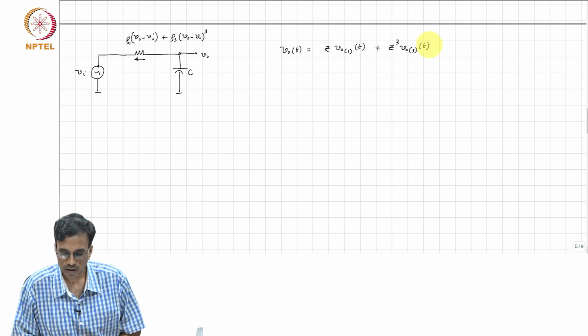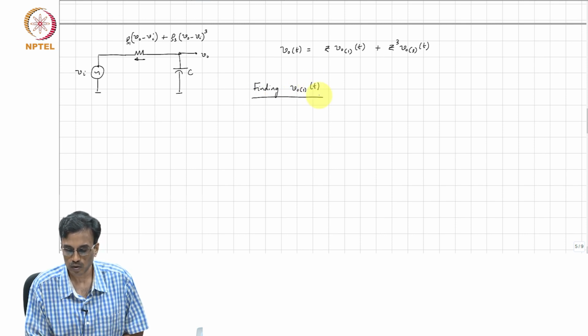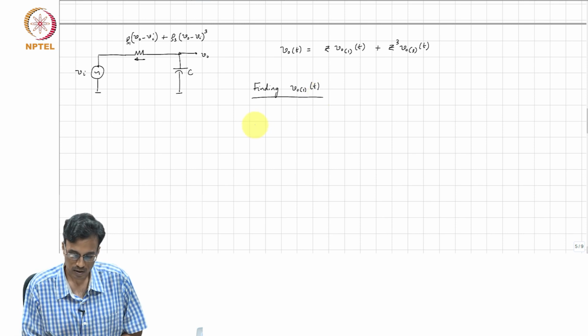Now, how do we find V01 of t? The linear network will take only the linear part, so that is easy.